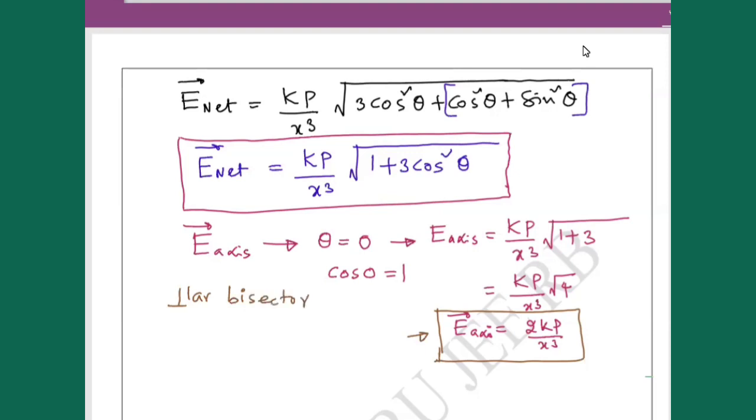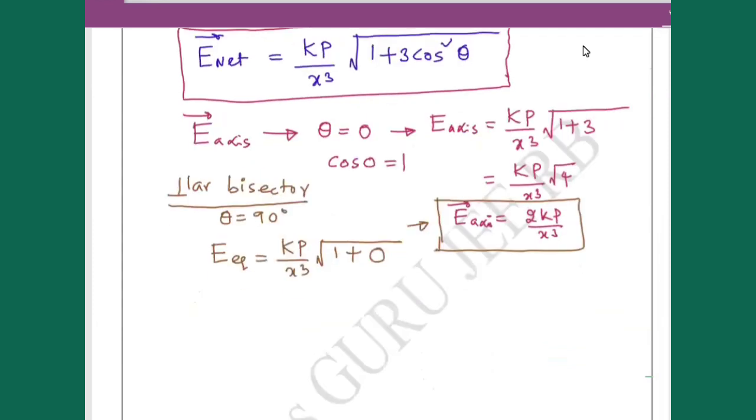Theta is equal to 90 degrees. So E equatorial equals KP by x cube under root of cos 90, which is 0, plus 1. So finally E equatorial equals KP by x cube. That's all, simply KP by x cube.